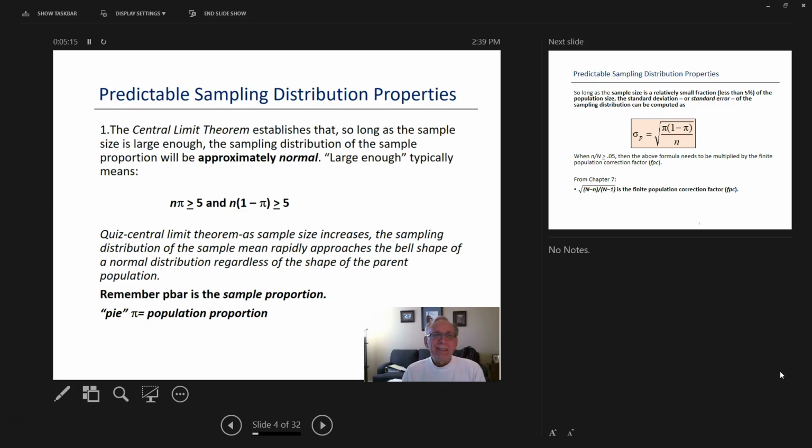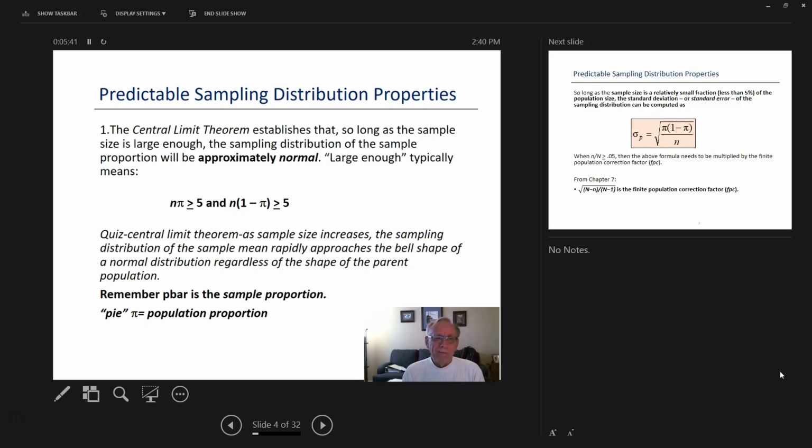Let's look at the central limit theorem. What does that mean? It's a quiz question, I'll point that out. But the central limit theorem says, as sample size increases, the sampling distribution of the sample mean rapidly approaches the bell shape of a normal distribution, regardless of the shape of the parent.